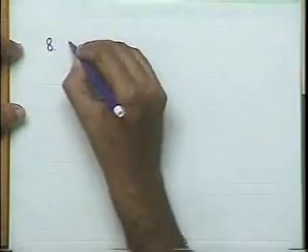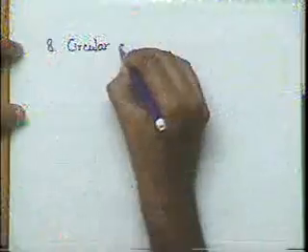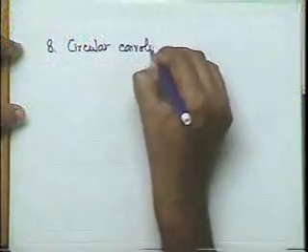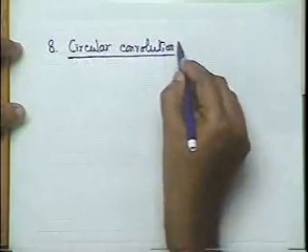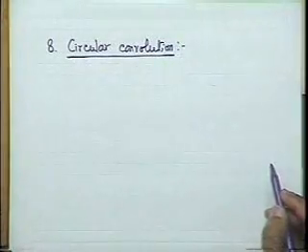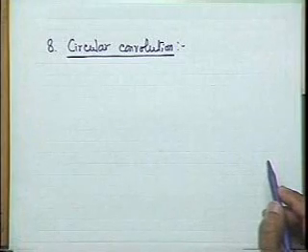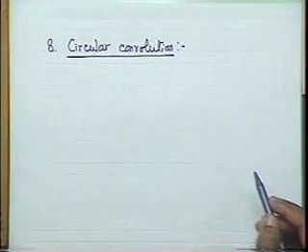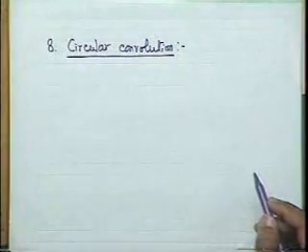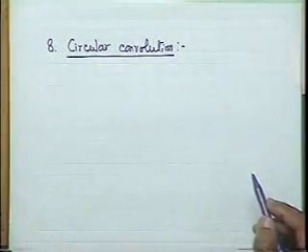I will first define what the convolution is, because later on in our course we will be very often using this term convolution. So I will try to give a simple mathematical as well as a physical definition of this convolution. Now let us take two sequences.